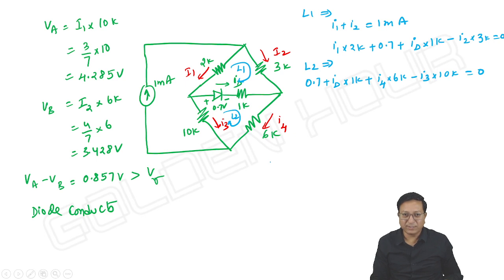Okay, just rearranging the things only. And what about I4? It is equal to I2 plus ID.